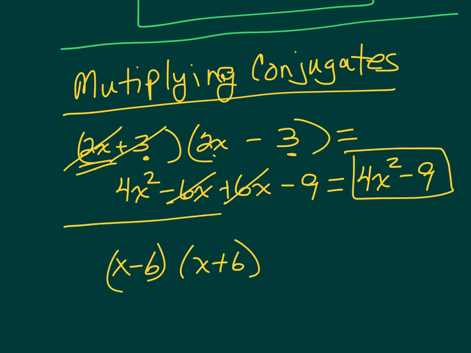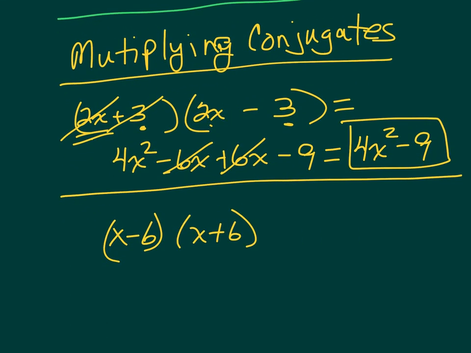I wonder if that always happens when I multiply conjugates. Will the middle terms always cancel each other out? I don't know. Let's try this one down here and see if they do. Let's distribute the x. x times x is x squared. x times 6 is 6x. Done with the x. Negative 6 times x is negative 6x.